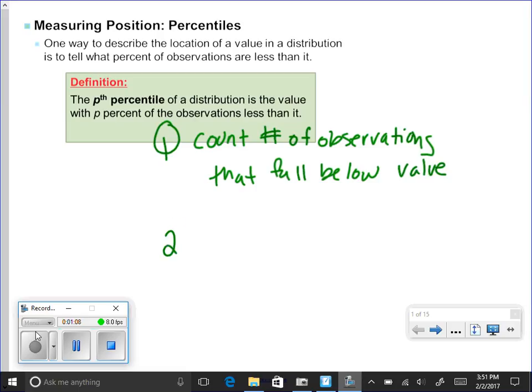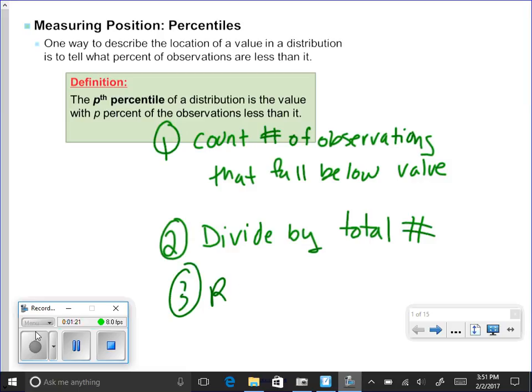Then the second step would be to divide by the total number. And then you should always round to a whole number. You're not going to have a decimal. And you'll always round up.